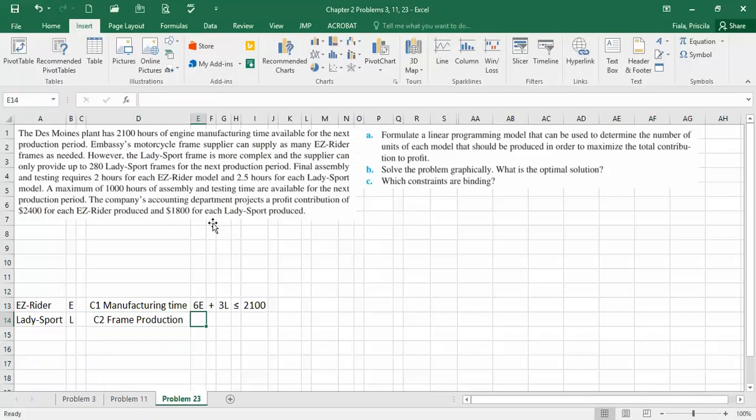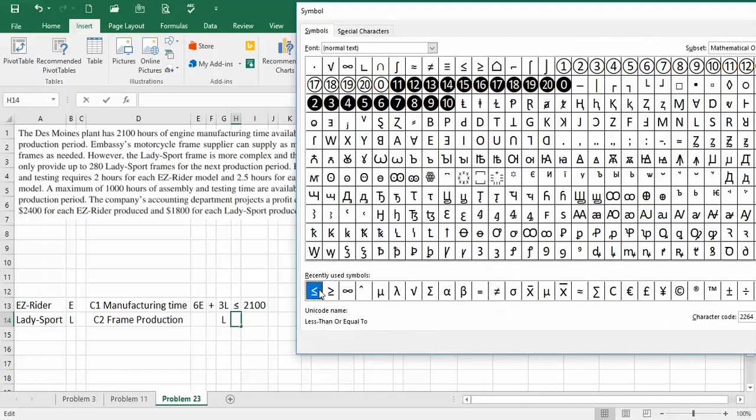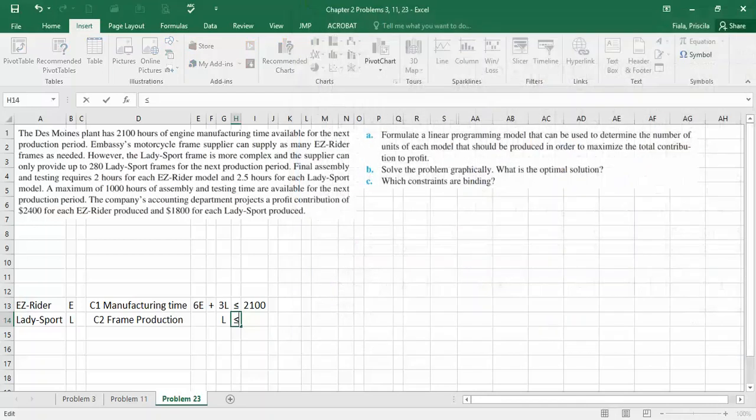It says right here for the Easy Rider there is no limit. However, for the Lady Sport model, they can only provide up to 280 frames. Up to, therefore, no more than 280. And we're talking about frame production.